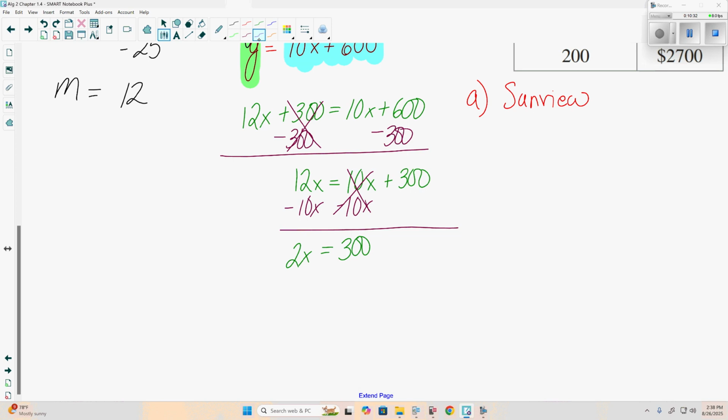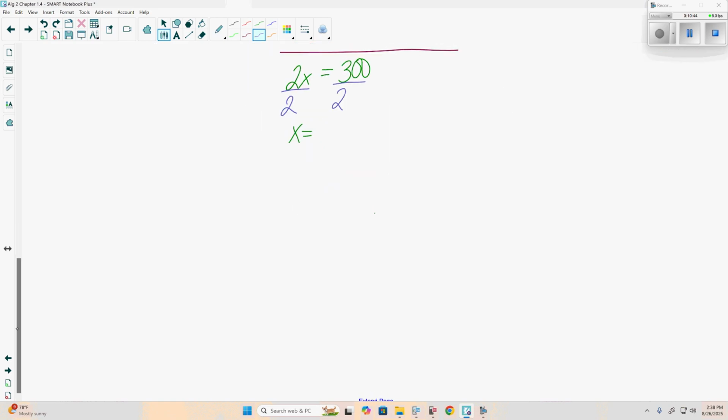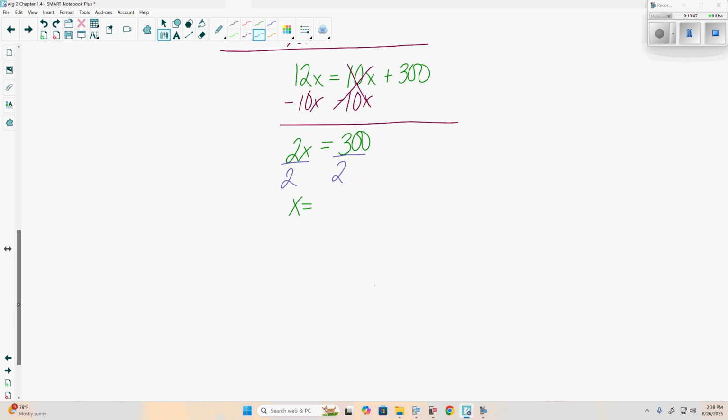And last but not least, now we can divide both sides by 2. 2x divided by 2 is x. I'll move that up just a little bit. 300 divided by 2 is 150. There, yes.